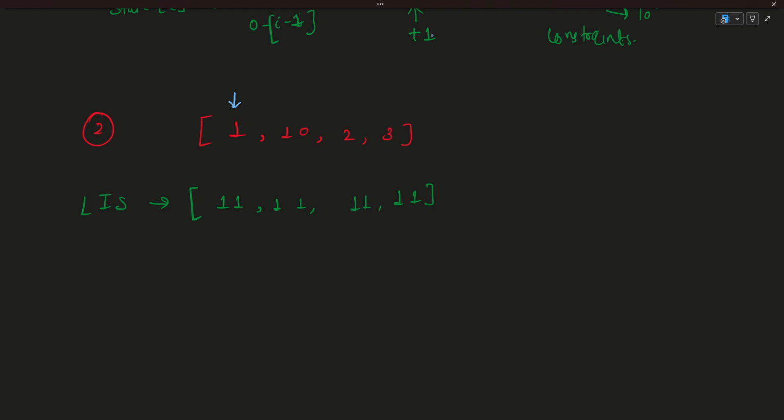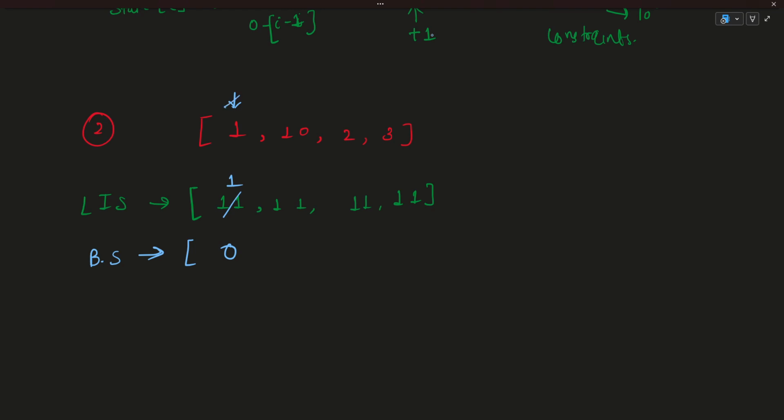How can I find it out? Using the binary search. So it will return me the 0th index. If I place 1 here, this is an LIS now as well, so it will return me 0.